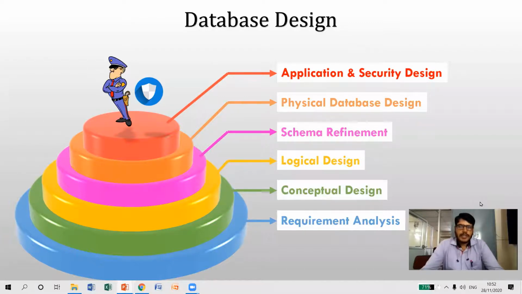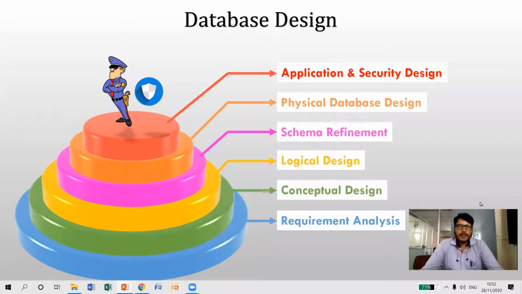Once we get the logical design, directly we are not implementing this design physically. Before implementing physical design, we have to apply the normalization process. This is very important. We have to apply the refinement process, normalization process. In the normalization process, we can avoid maximum duplications.